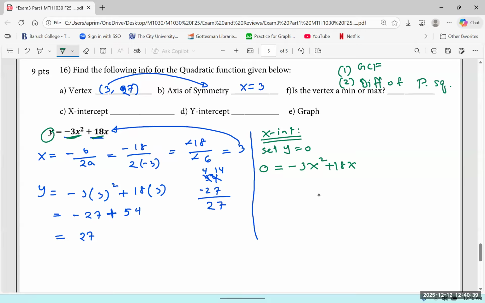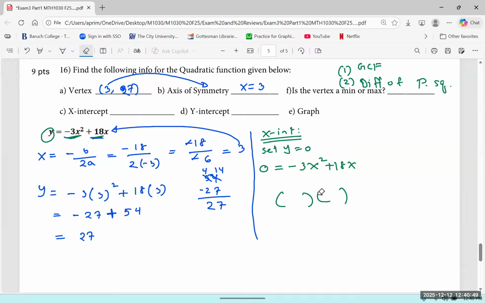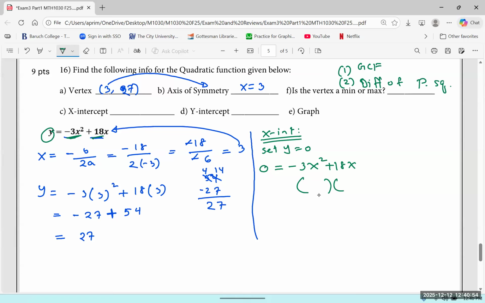You cannot factor it into two binomials this way. It's not possible if you don't have a perfect square. Despite my telling you that, most of you tried to do it this way and got it wrong.